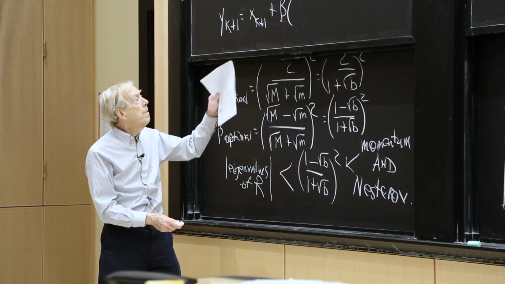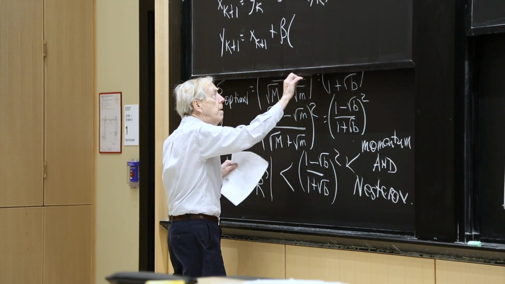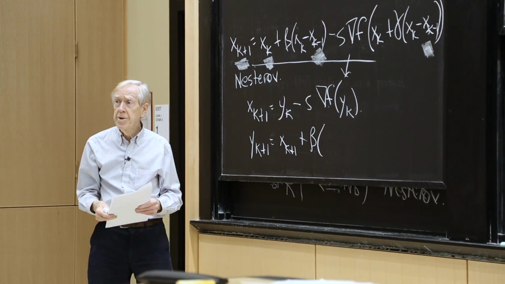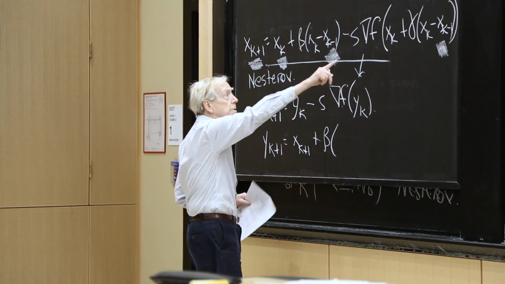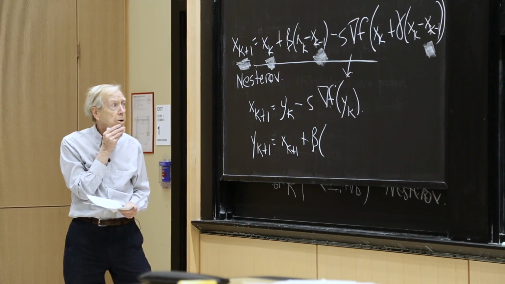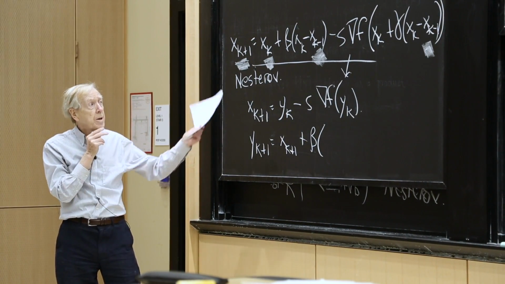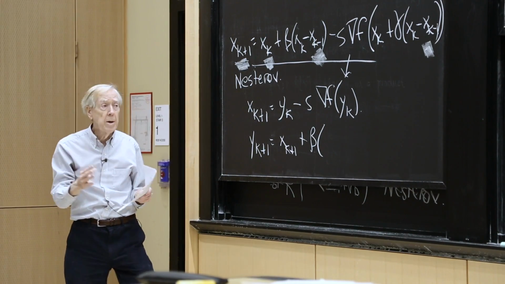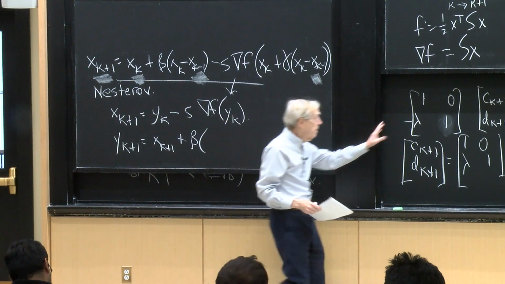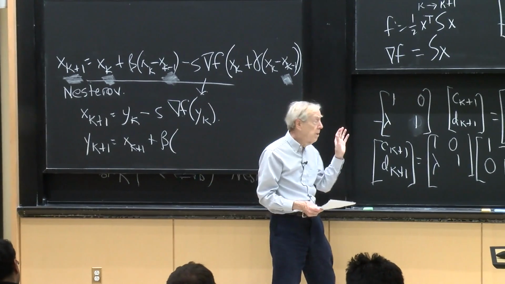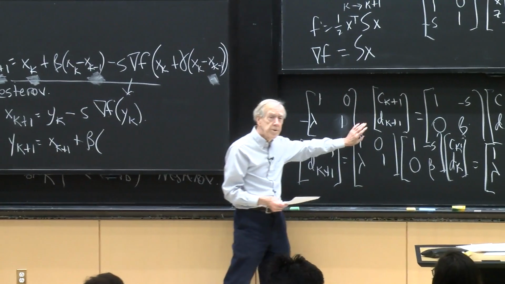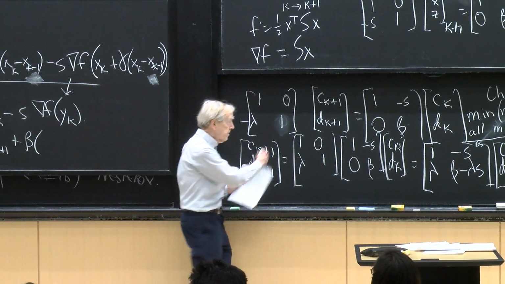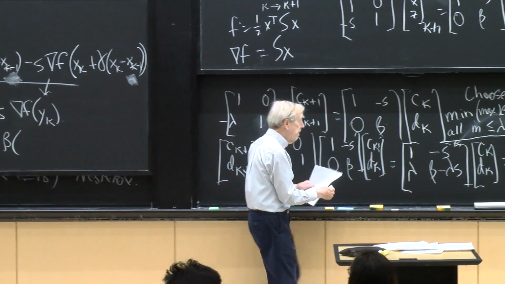I don't propose, of course, to repeat these steps for Nesterov, but you see what you could do. You see that it involves k minus 1, k and k plus 1. You write it as a coupled system that's a one step that has a matrix. You find the matrix.